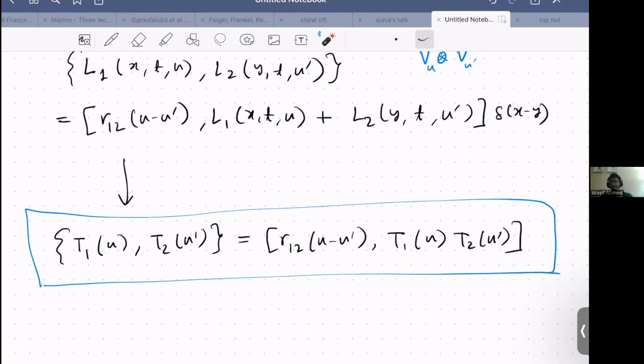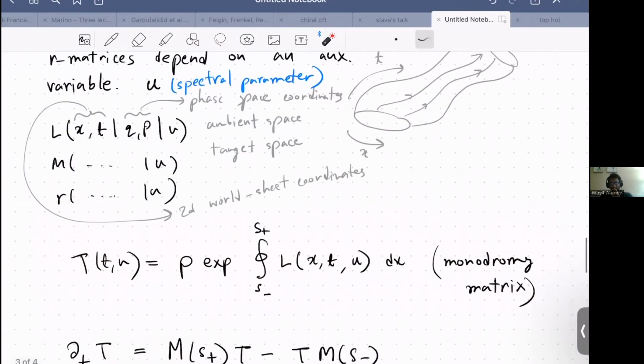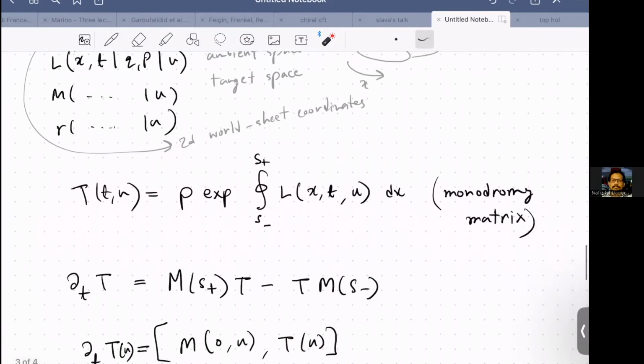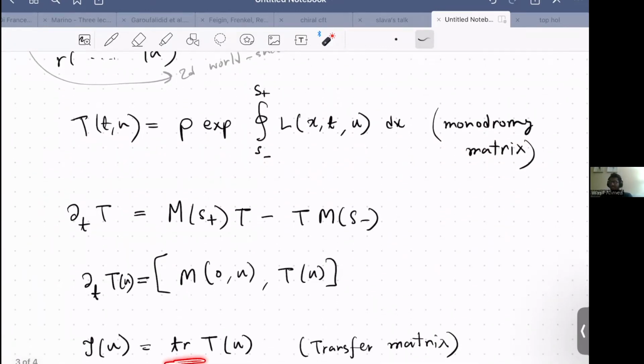My question is, if I look at the transfer matrix, it looks like the Wilson loop, right? Yes. And the monodromy matrix gives me the conserved charges. The transfer matrix, yes, the trace of this thing is the Wilson loop.